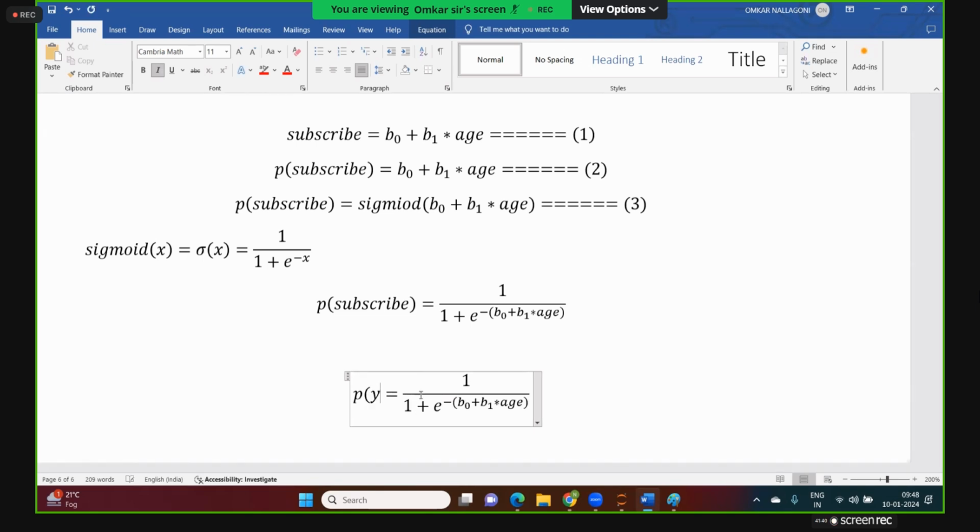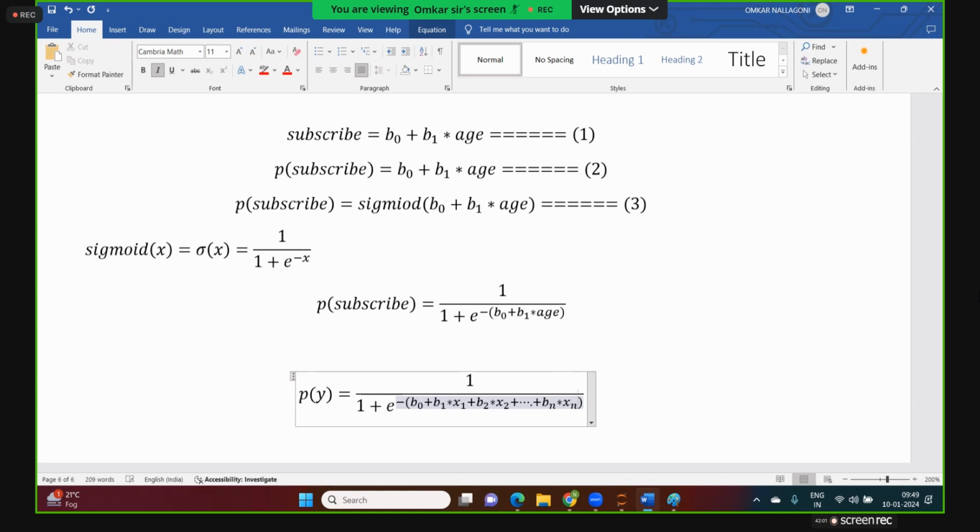P of y is equal to 1 by 1 plus e to the power minus of beta naught plus beta 1 x1 plus beta 2 x2 and so on, beta n into xn.